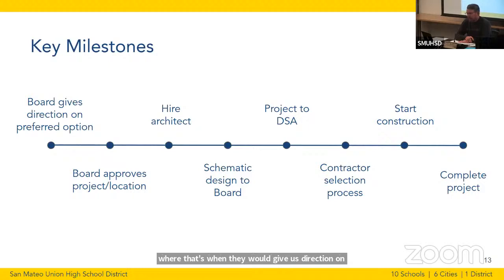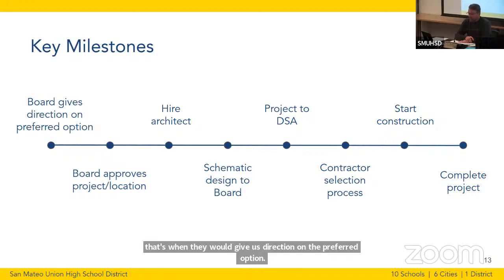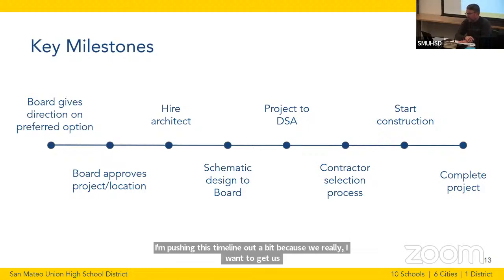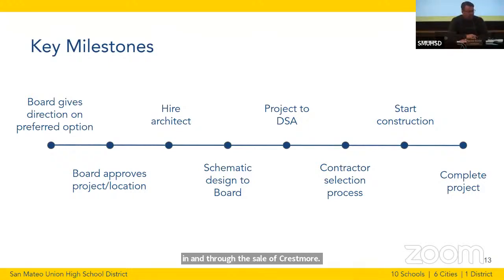I'm pushing this timeline out a bit because I want to get us in and through the sale of Crestmore so that we have those dollars aligned to us before we start hiring architects, schematic design, all of those kinds of things.